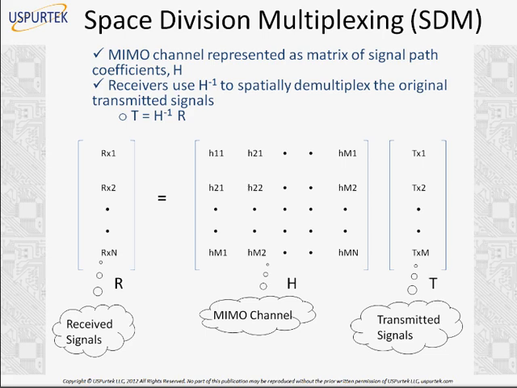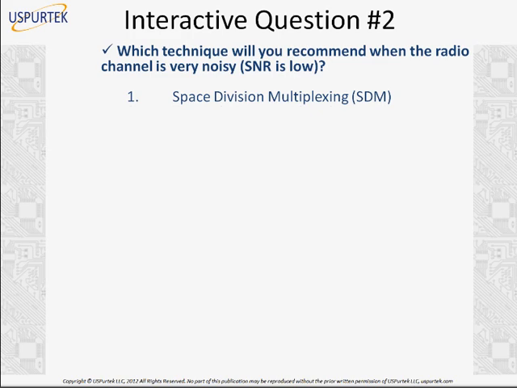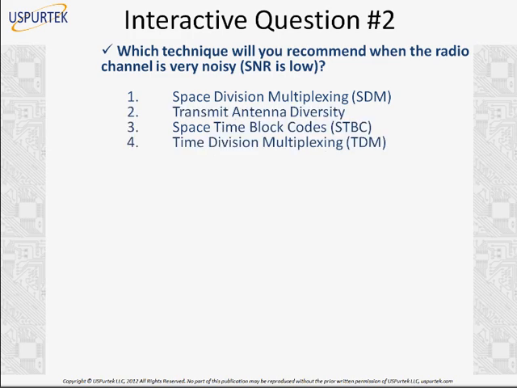And in this simple equation, the received matrix is the product of the MIMO channel matrix, the signal path coefficient matrix H, and the transmitted signal matrix T. And you derive the transmitted signal by taking the inverse of H and multiplying it with the received signals. All this will be done by the digital signal processor inside your wireless equipment, inside the transmitter electronics or the receiver electronics.